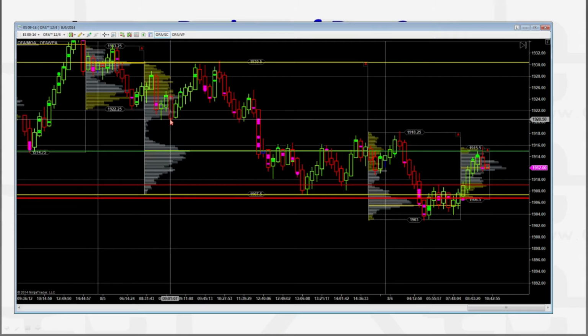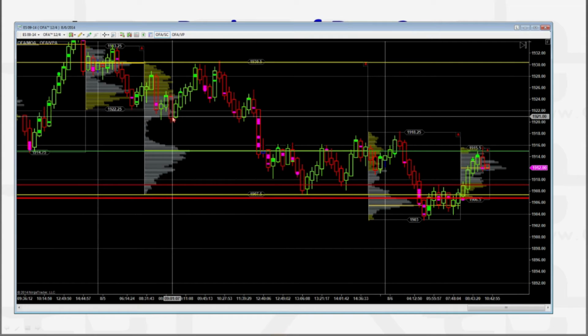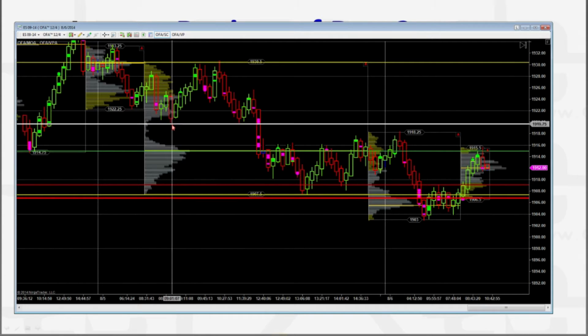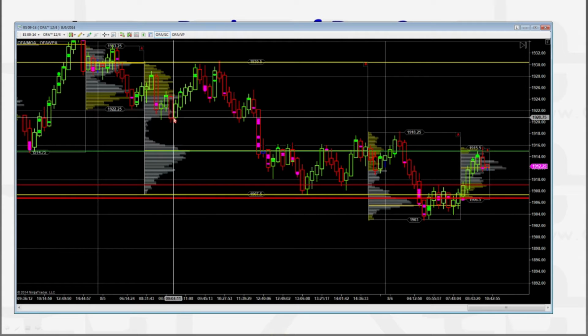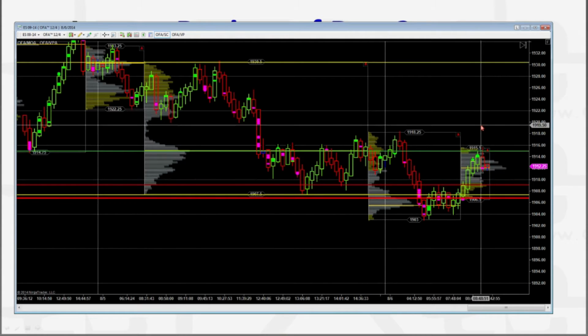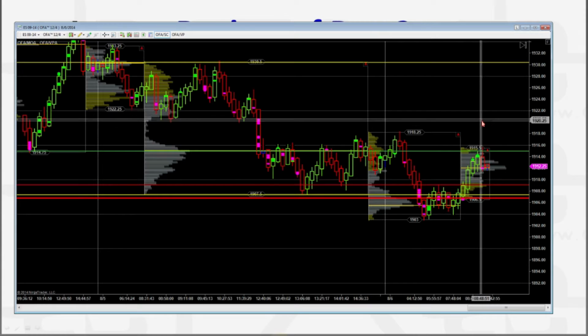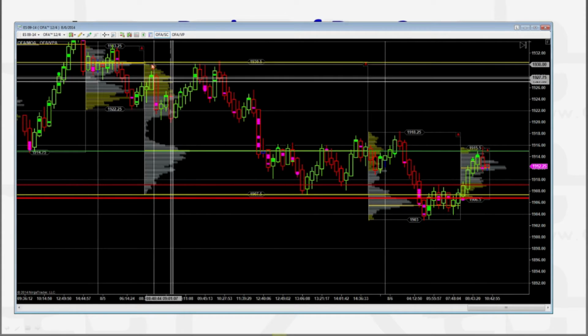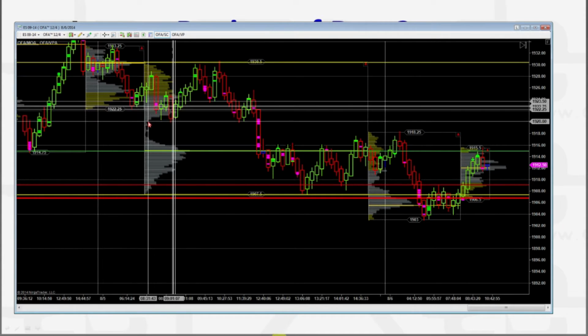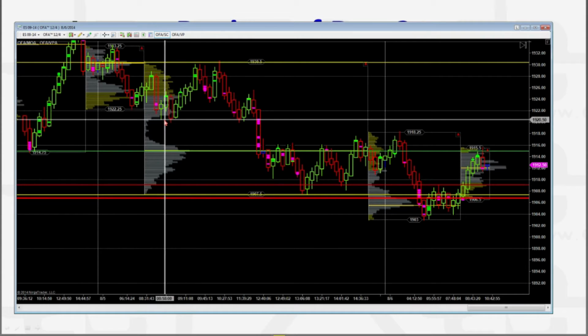And just to be clear about something, I'm really not interested in going long until price would get above 21. I would need to see the auction starting to support acceptance higher than this. I would look for around a 20.50 for long. And then I would look for price to get back up into this distribution.